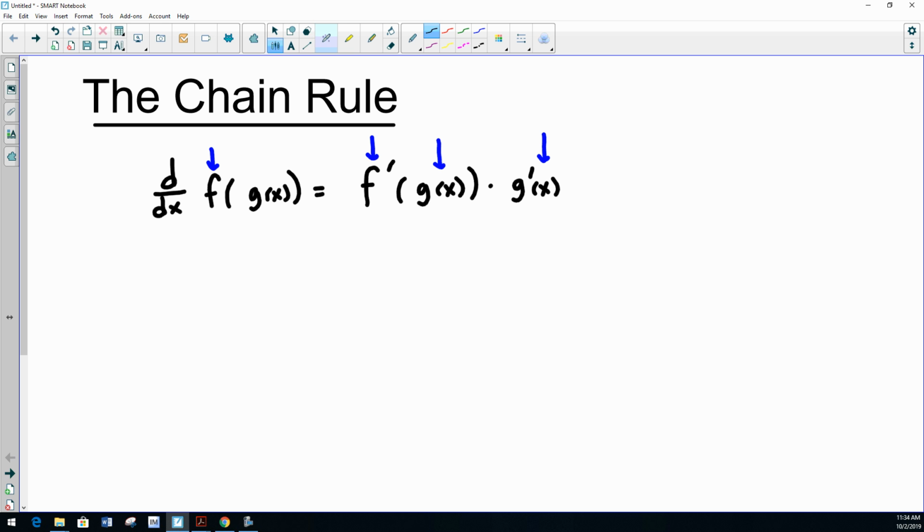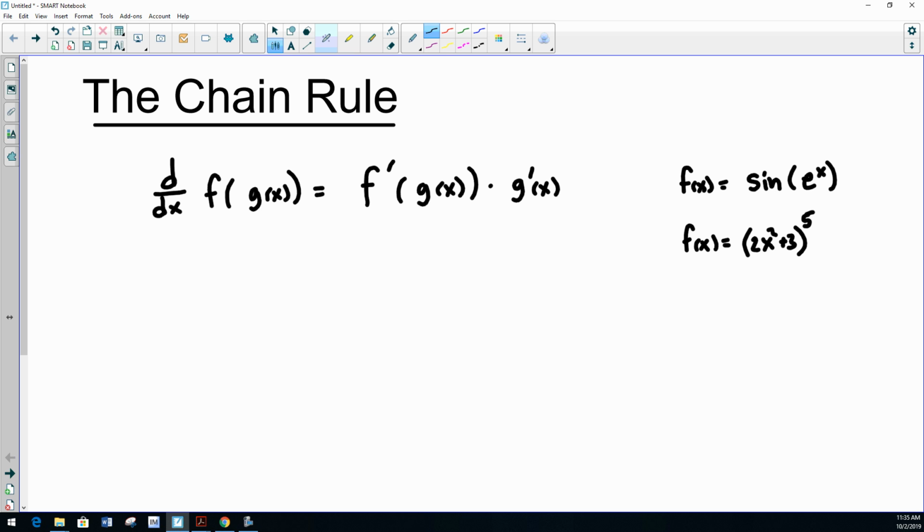An example of this would be this one, sine e to the x. Would you agree we know the derivative of sine, right? But we don't know the derivative of sine of e to the x. Here's another example. 2x squared plus 3, to the 5th power.